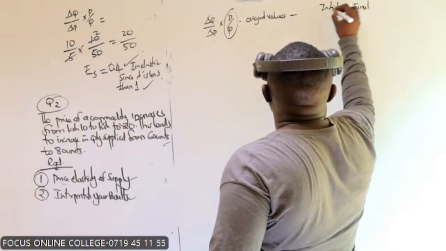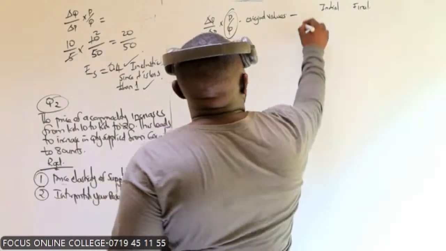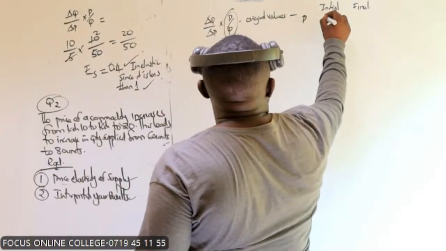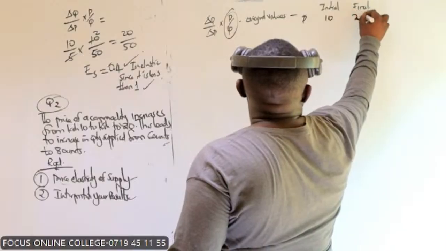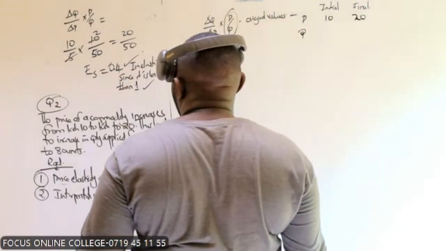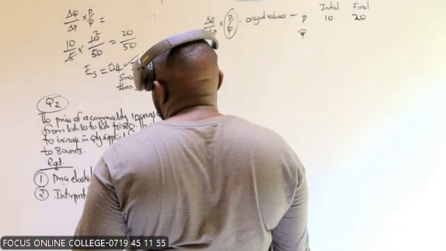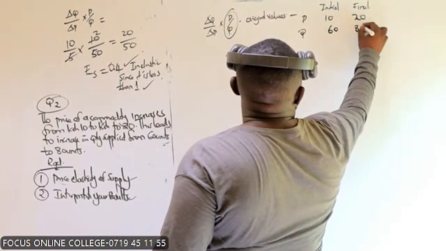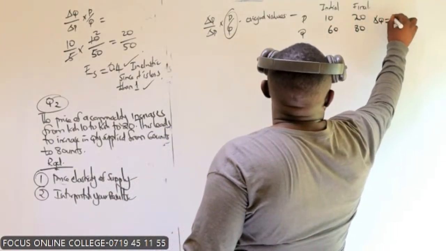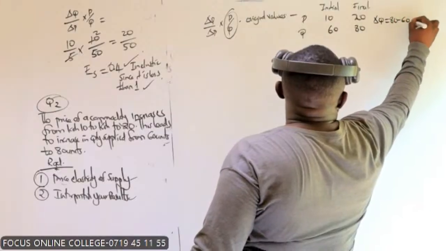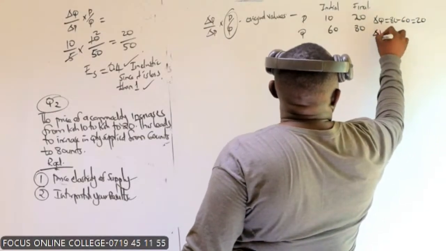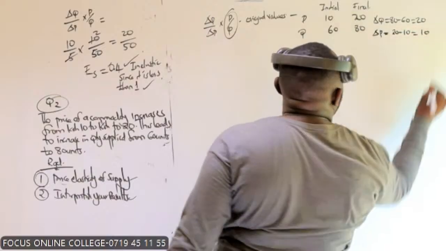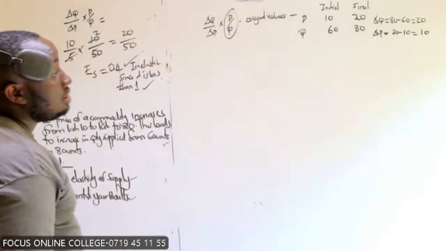P increases from 10 to 20. Q increases from 60 to 80. So change in Q is 80 minus 60, that is 20. Change in P is 20 minus 10, that is 10.